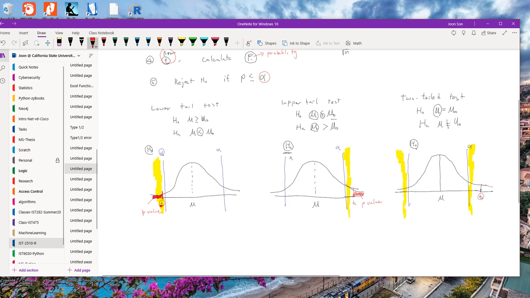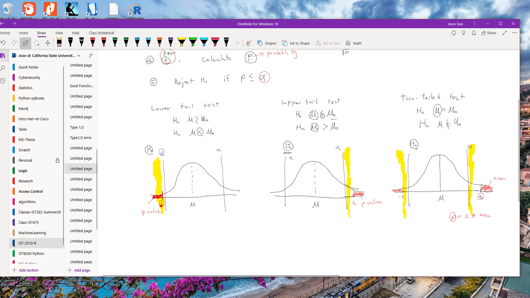You calculate this area, but since it's a two-tail test, this is minus t, and you also need to compute this other area. So your p-value in this case is 2 multiplied by the red area. That's the probability, and that's the p-value for the two-tail case.